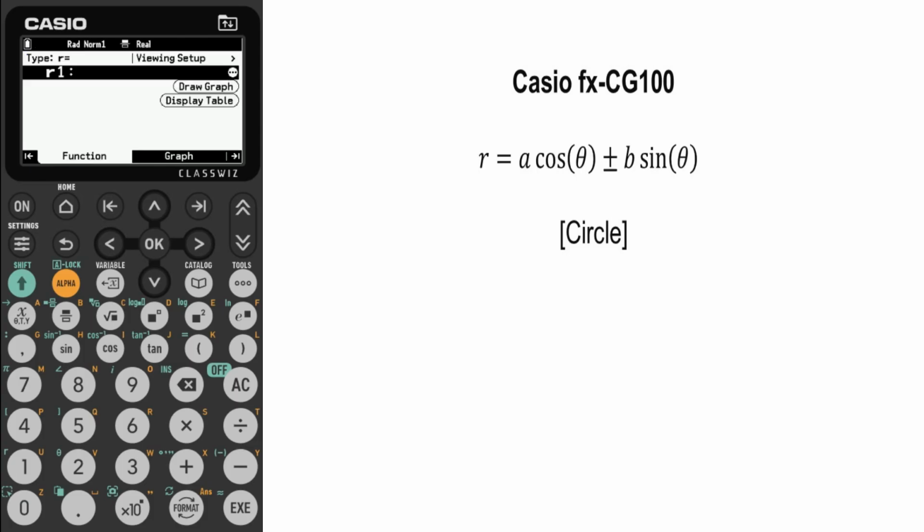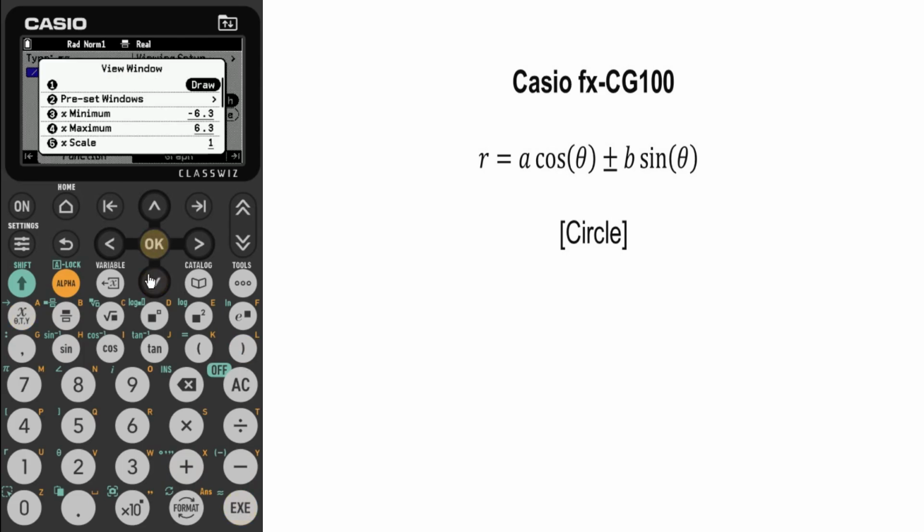Let's draw the graph of r equals a cos theta plus b sin theta. Let's input this into our calculator. We have r equals a cos theta plus b sin theta. Let's draw this graph.